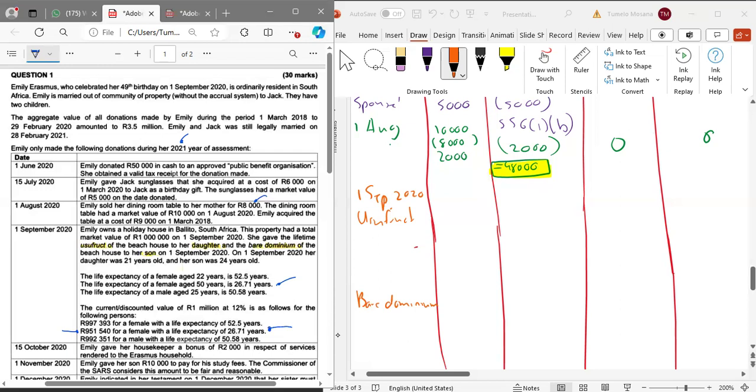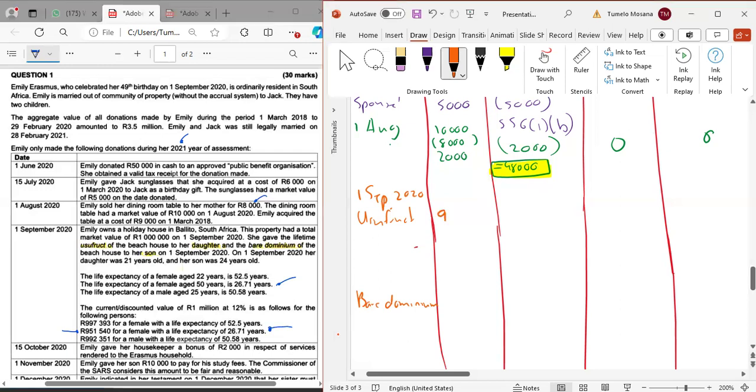I just wanted you to explain it. You are right, I'm not disputing that fact. So now we are left with this 98,000 exemption. We are going to deduct it, because this is the remaining exemption that we have.